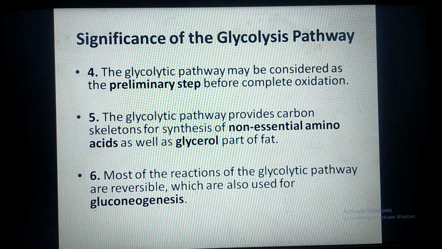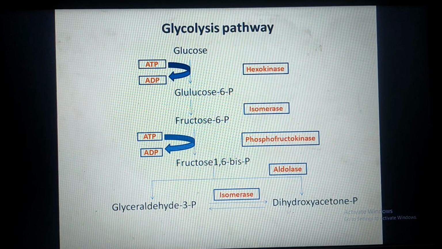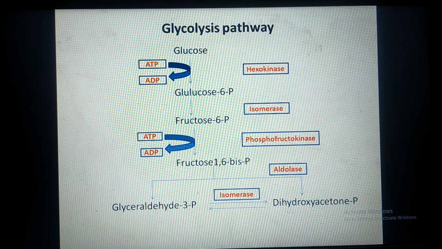Then the last significance is that the majority of the reactions of glycolysis are reversible. Only 3 reactions of glycolysis are irreversible, whereas the remaining reactions are reversible.